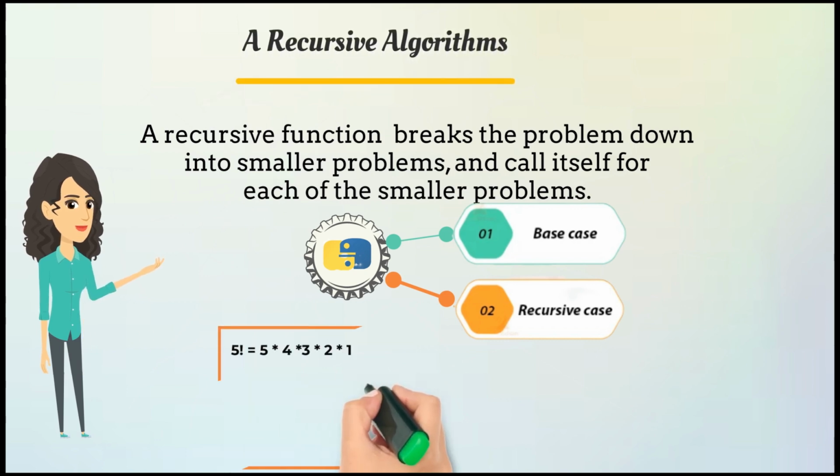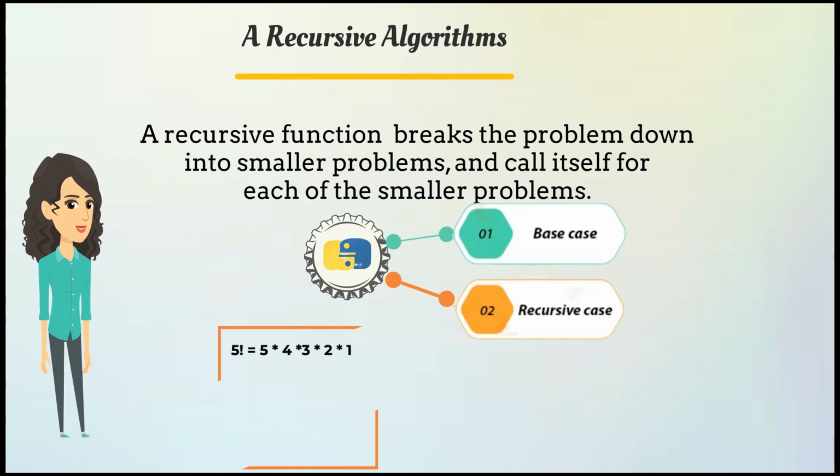Here 5 factorial is 5 times 4 times 3 times 2 times 1. And what we can see when we analyze that is 4 times 3 times 2 times 1 is actually equal to 4 factorial, so 5 factorial is equal to 5 times 4 factorial. Now when we break down 4 factorial, 4 factorial is equal to 4 times 3 times 2 times 1.